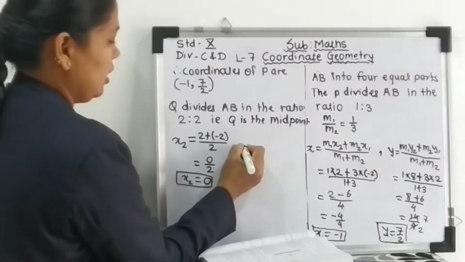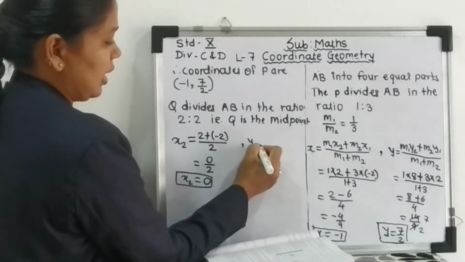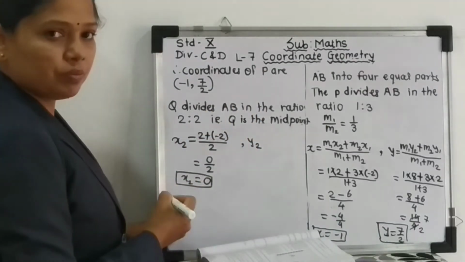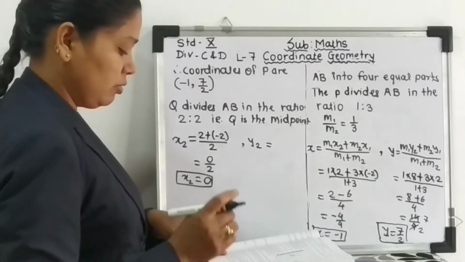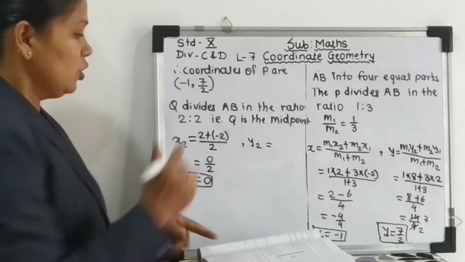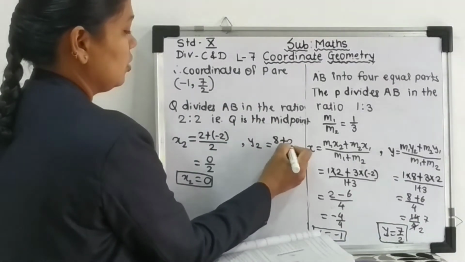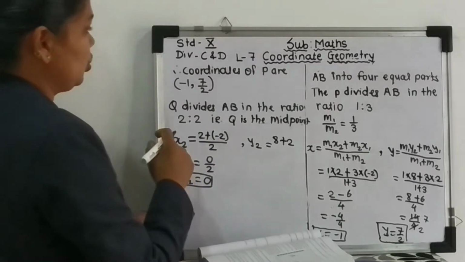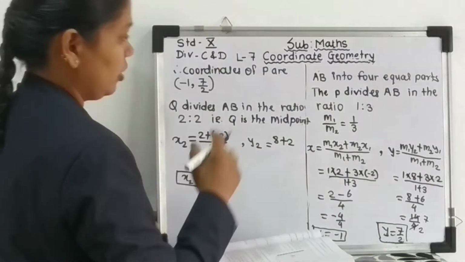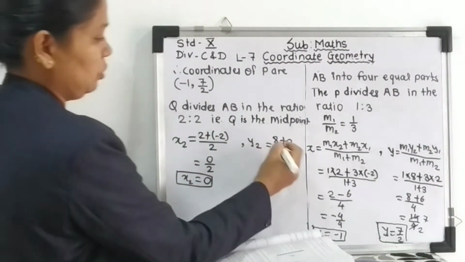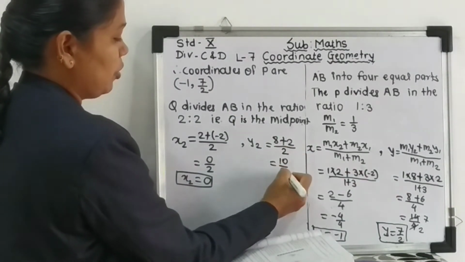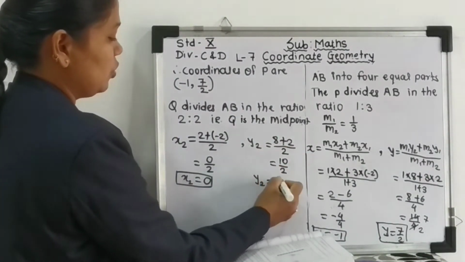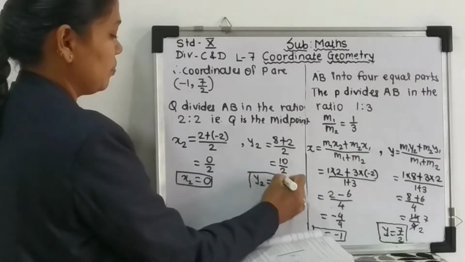Now similarly we will find out that y2, right? So for y2 we should know the coordinates. So 8 plus 2, shall I show that figure again or it is with you, so no need to draw again. So 8 plus 2 is 10, 10 upon 2, so we got y2 is equal to 5.